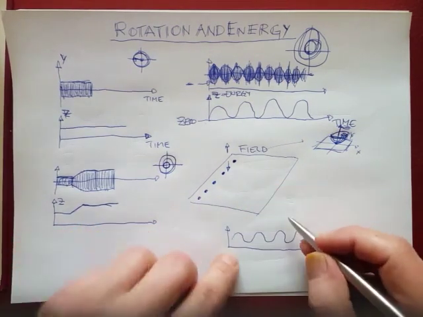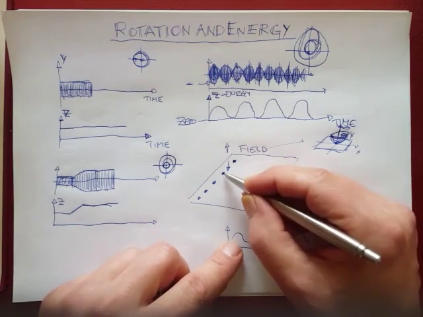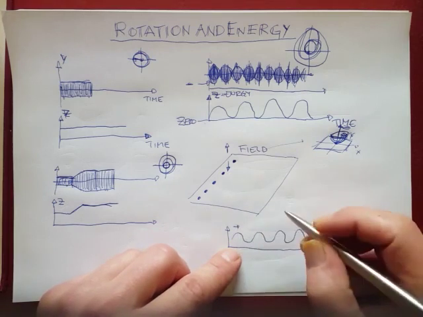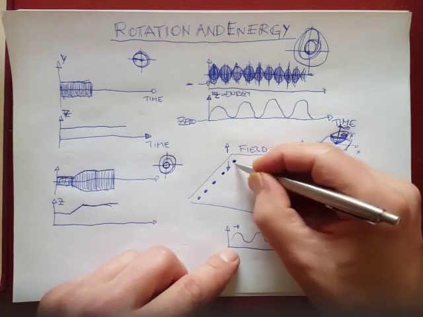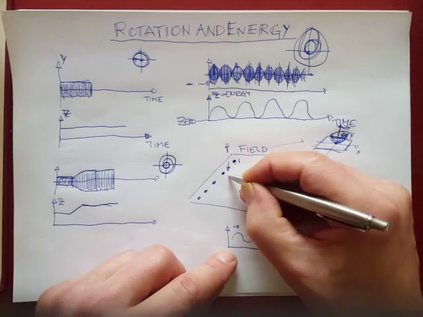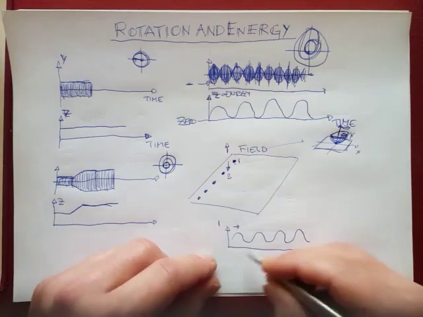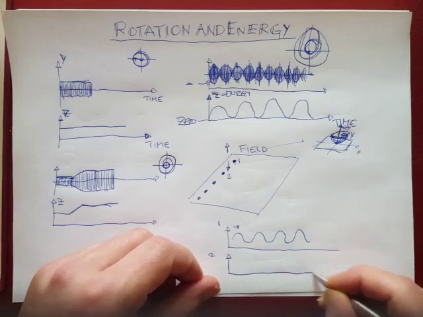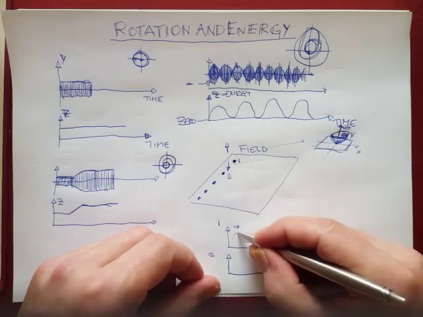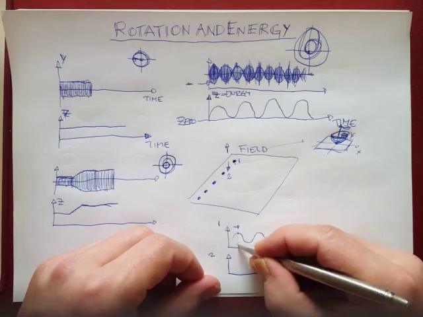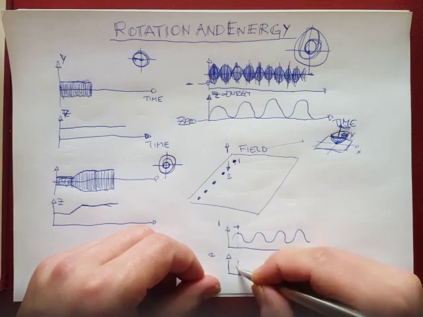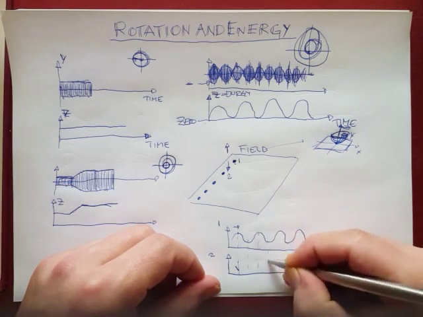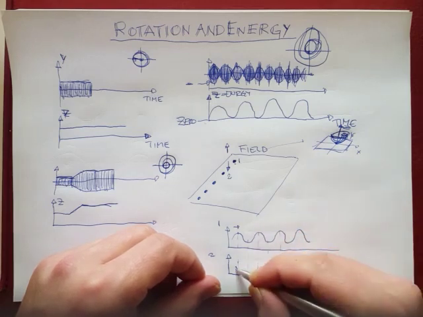And if each of these points has a slightly shifted wave, so if this is point 1 and this is point 2, let's say it's shifted. So this peak here is not over here, but here is a valley. I'm just going to draw this so I draw it right.